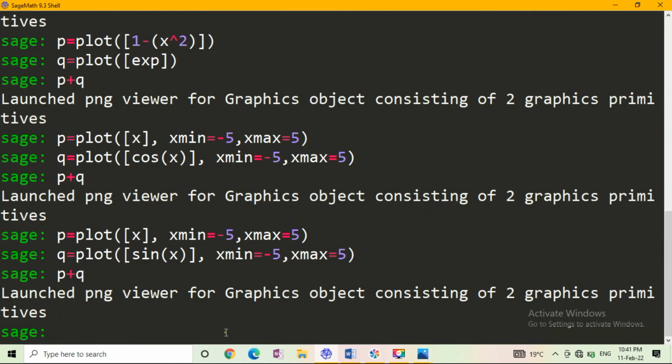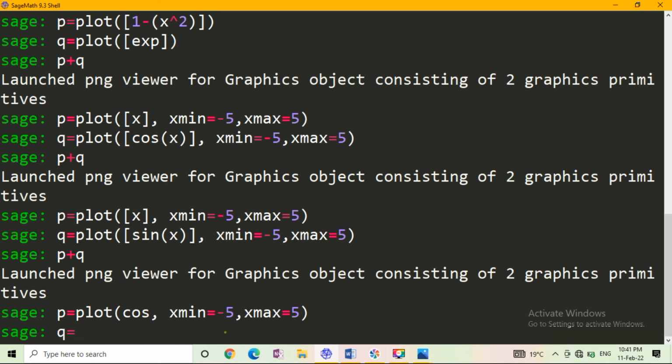Now we come to the graph of cos y is equal to cos x. p is equal to plot cos x with x min is equal to minus 5, x max is equal to 5, and q is equal to plot cos y with y min is equal to minus 10, y max is equal to 10.